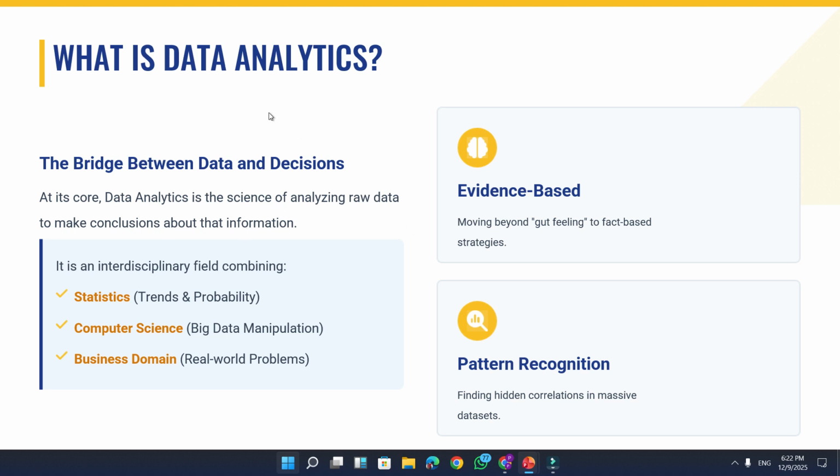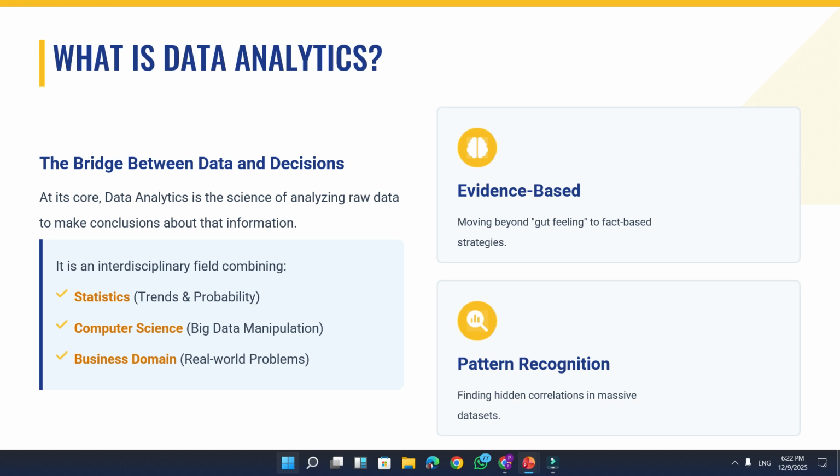So even before saying what is data analytics, I would like to say a word about what is data. Data first is the raw materials. We can say some facts or figures, even numbers, or some observations that can be collected about an event or about a business issue.